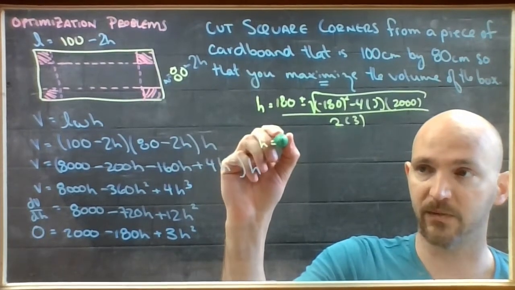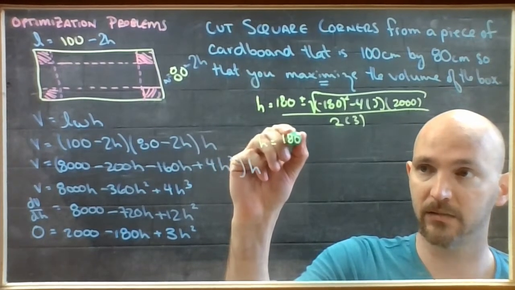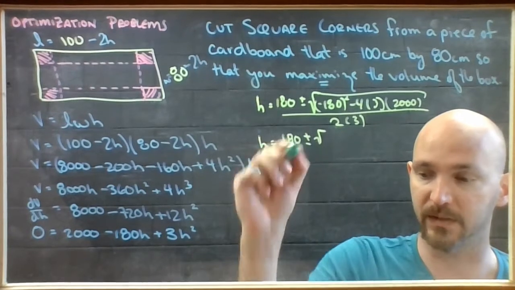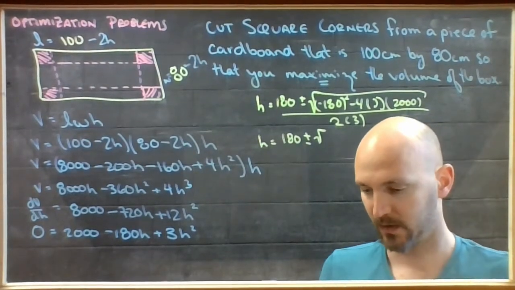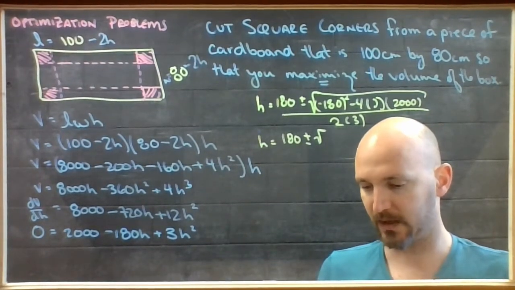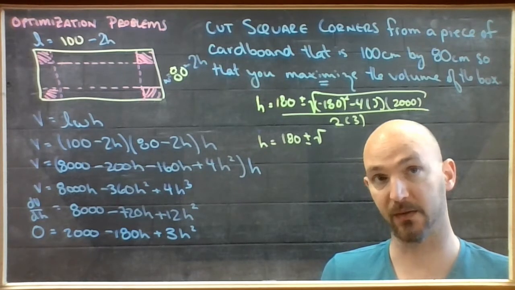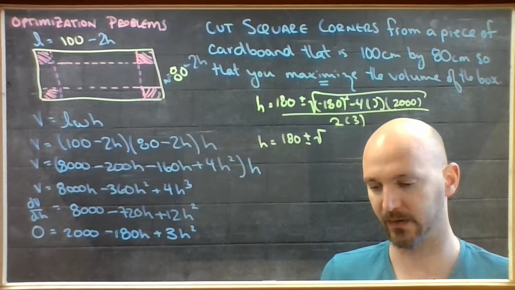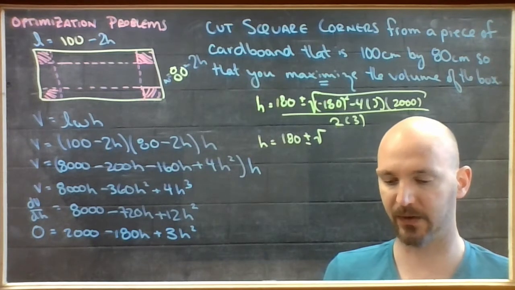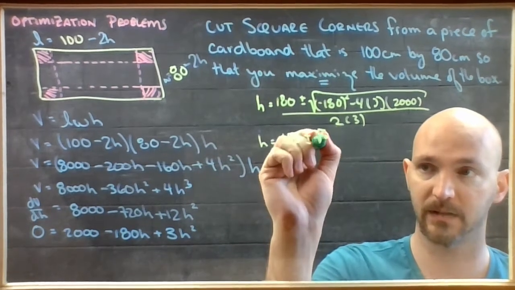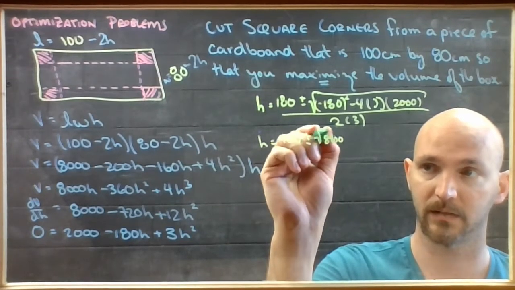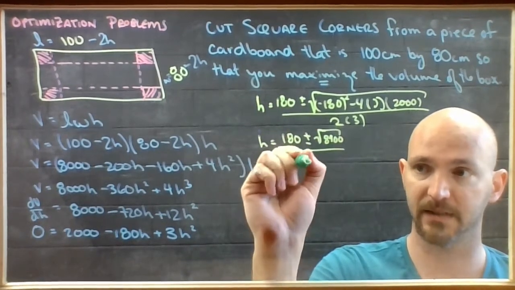So my height will be 180 plus or minus the square root of 180 squared, subtract 4 times 3 times 2,000, which gives me 8,400, divided by 6.